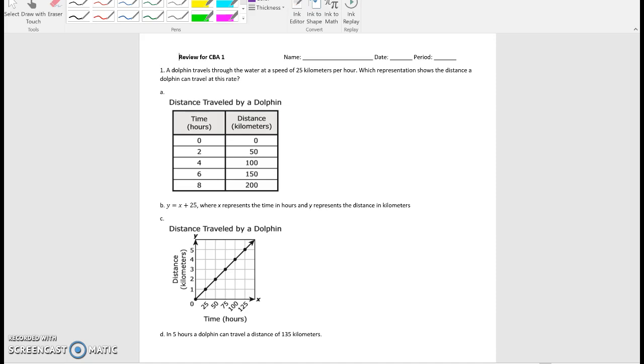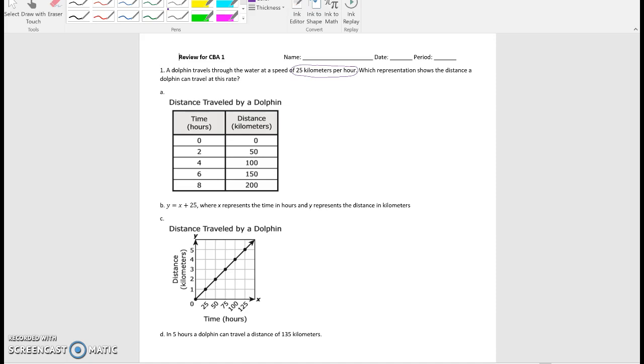It says a dolphin travels through the water at a speed of 25 kilometers per hour. Which representation shows the distance a dolphin can travel at this rate? So it says a dolphin travels through water at a speed of 25 kilometers per hour.